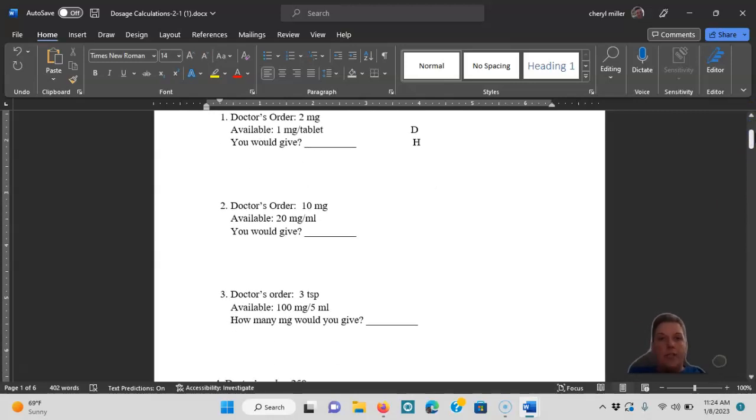The doctor ordered 10 and you have available 20. So go ahead and put your desired on the top, your have on the bottom. So how much am I going to give in that instance? Just got to make sure you put the right number in the right place.